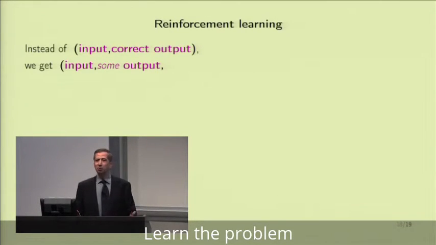The correct output? No, some output. Okay, that's very nice, but doesn't seem very helpful. It looks right now like unsupervised learning, because in unsupervised learning, I could give you some output. Here is a dime. Oh, it's a quarter. It's some output, okay? So, the information, next one.